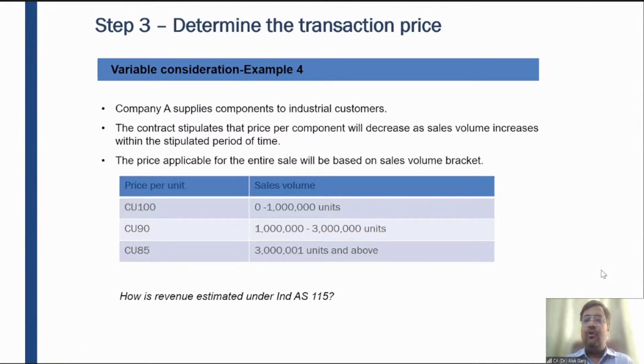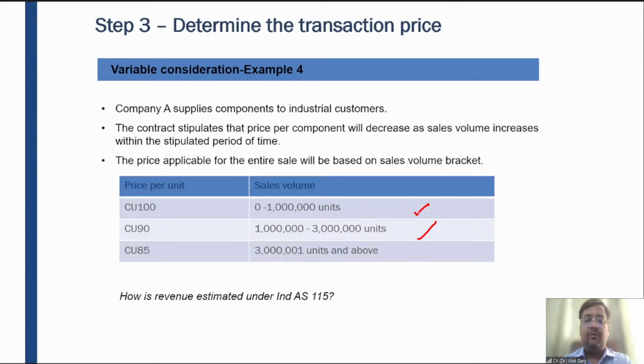100 rupees, CU means currency unit. 100 INR will be charged per unit if the sales volume is between 0 to 10 lakh units. If the customer purchases up to 10 lakh units, the entity will charge a price of 100 rupees per unit. If the customer purchases more than 10 lakh units, but up to 30 lakh units, the entity will charge 90 rupees, a discount of 10 rupees.